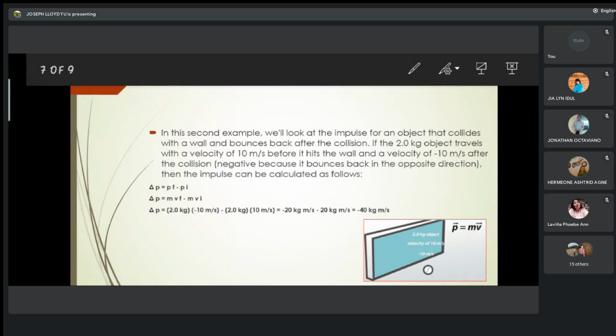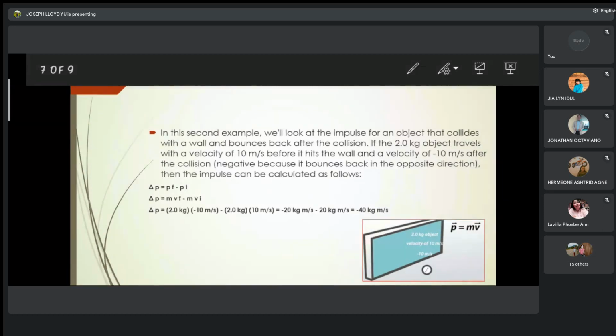Impulse equals final minus initial, they will have the same formula.